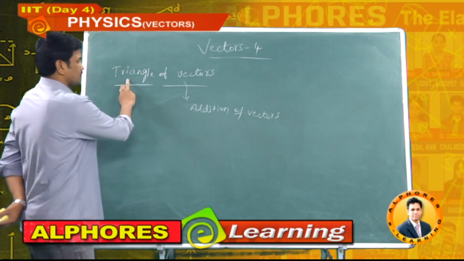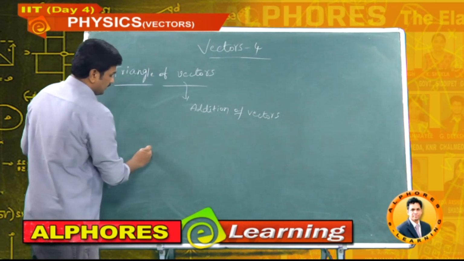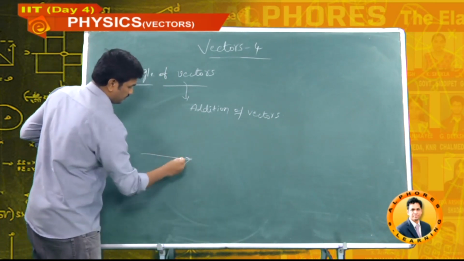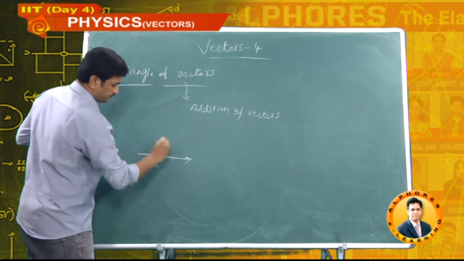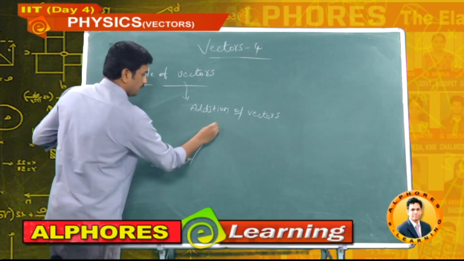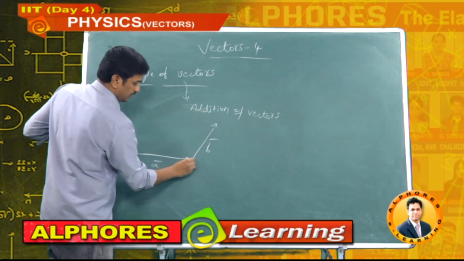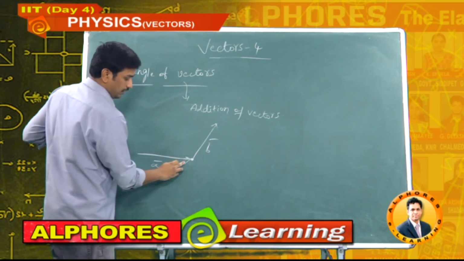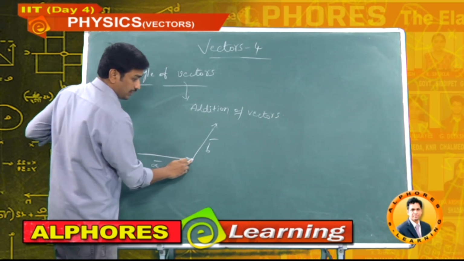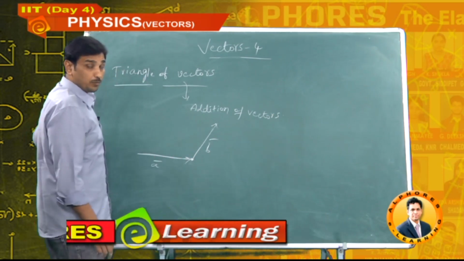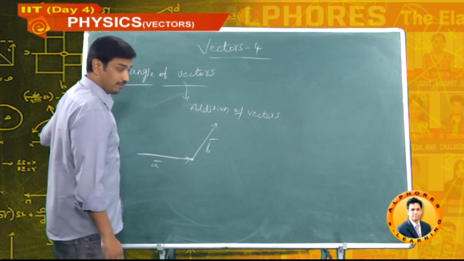Now, what is the triangle law of vectors? A bar, B bar, I am doing addition. Then what I have to do? The head of the first vector should join with the tail of the second vector. That's the process of addition of two vectors that you know very well.